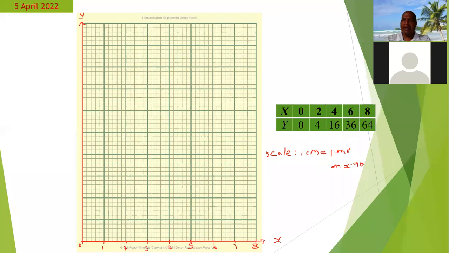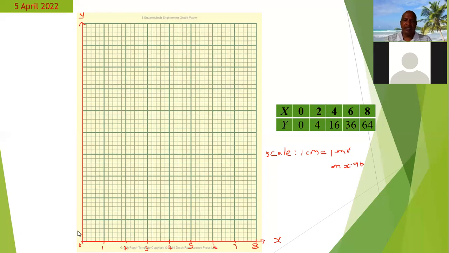You could decide on a scale of, suppose, 1 centimeter equal to 10 units, which is entirely up to you. If you figure you could use a scale a little bigger than that, you could also decide to do that.